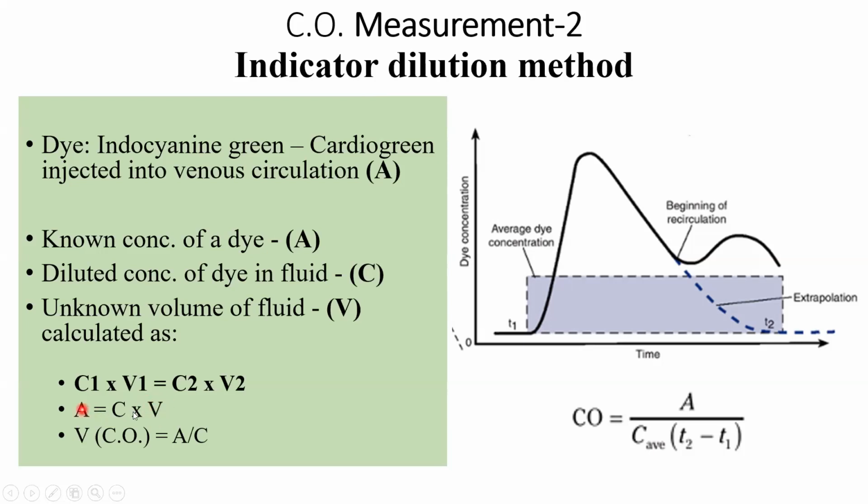You solve this for cardiac output, you keep the V here, and C goes tucked underneath A, and this is the final picture that you get. V is equal to A over C. Okay, so the known amount of dye divided by the average diluted amount will give you a good picture of the cardiac output. Okay, and this is the formula.